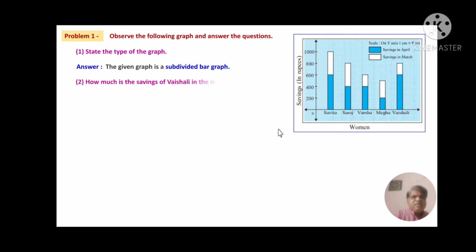How much is the savings of Vaishali in the month of April? The April month is shown with dark blue color and white for March. Here on the x-axis women are shown, and here you can see the savings in rupees. So for Vaishali, savings in the month of April is 600.